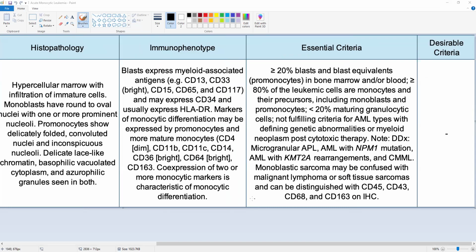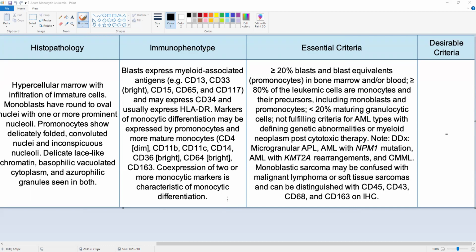By immunophenotype, these blasts express myeloid-associated antigens like CD13, CD33, which is usually bright, CD15, CD65, and CD117, and they may express CD34, and they usually express HLA-DR, but these can be negative.